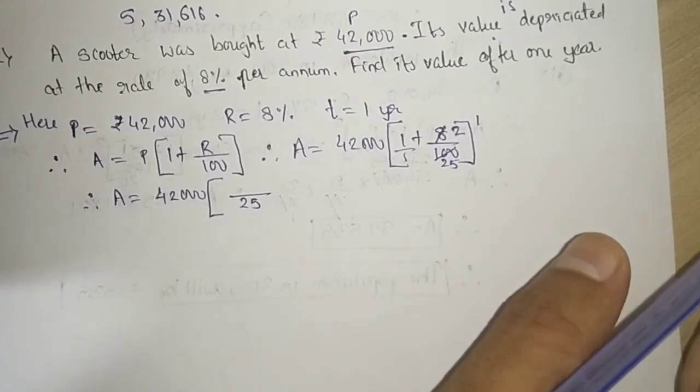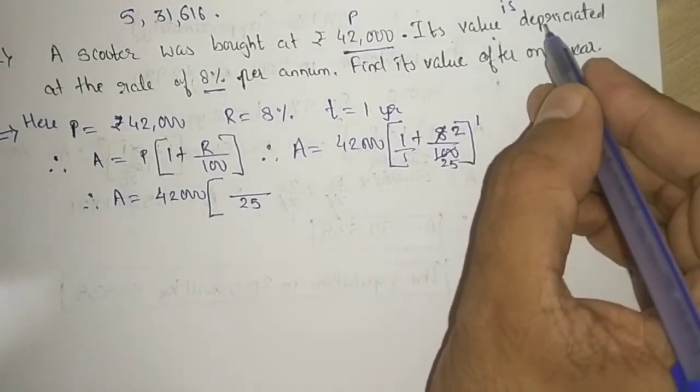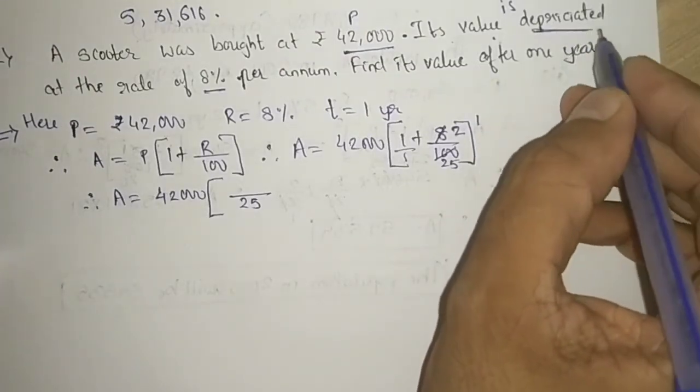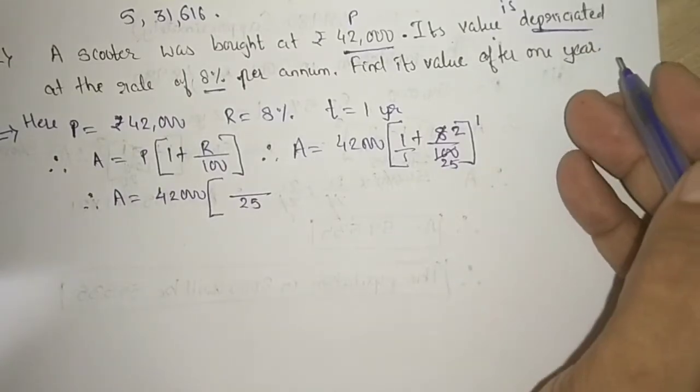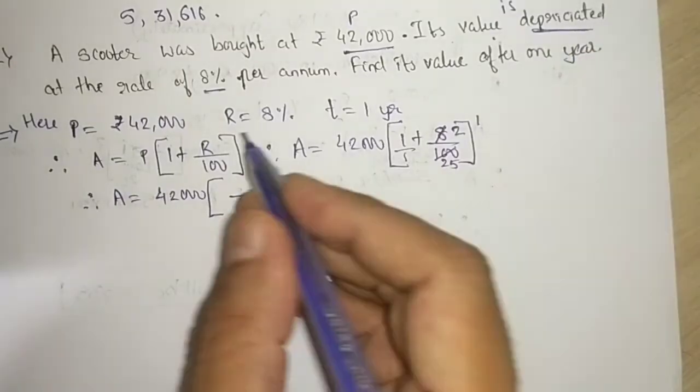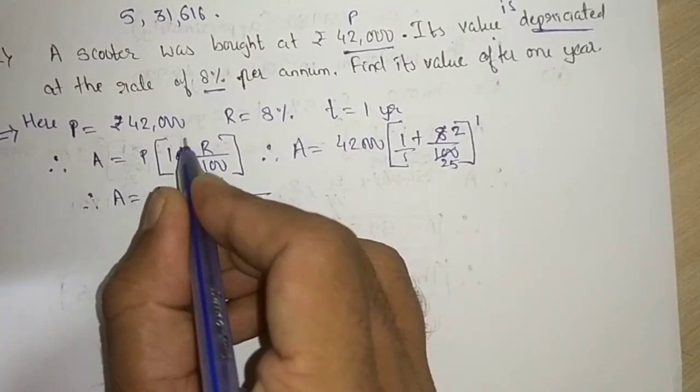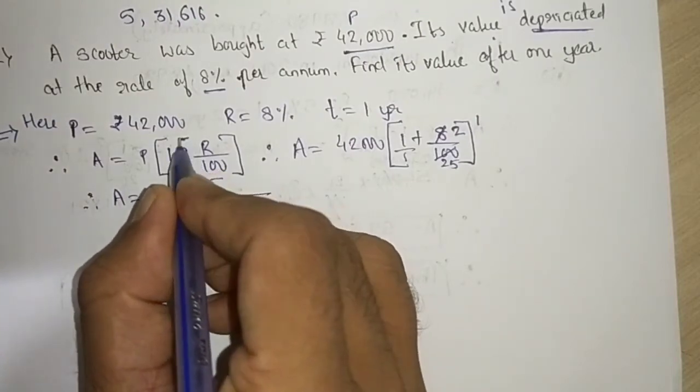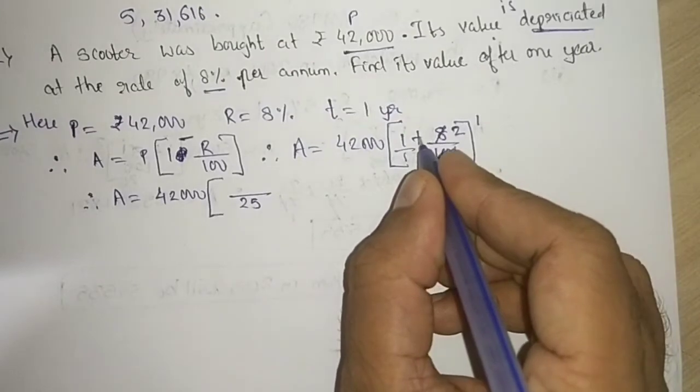I have made one mistake, sorry students. Since it is depreciated, I forgot it. Depreciated means it is reducing. If it is increasing, we take plus, but if it is reducing, we take minus. This I had forgotten.